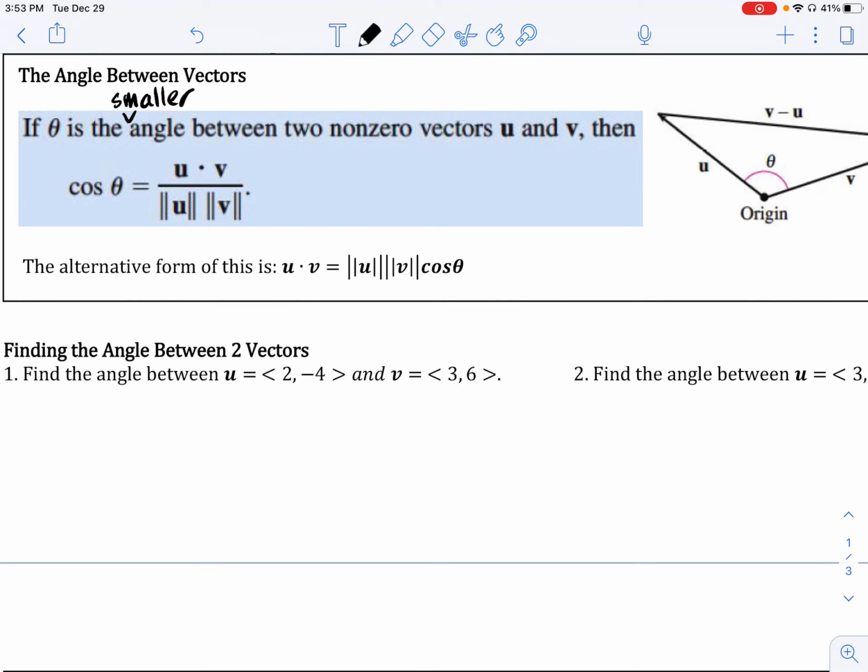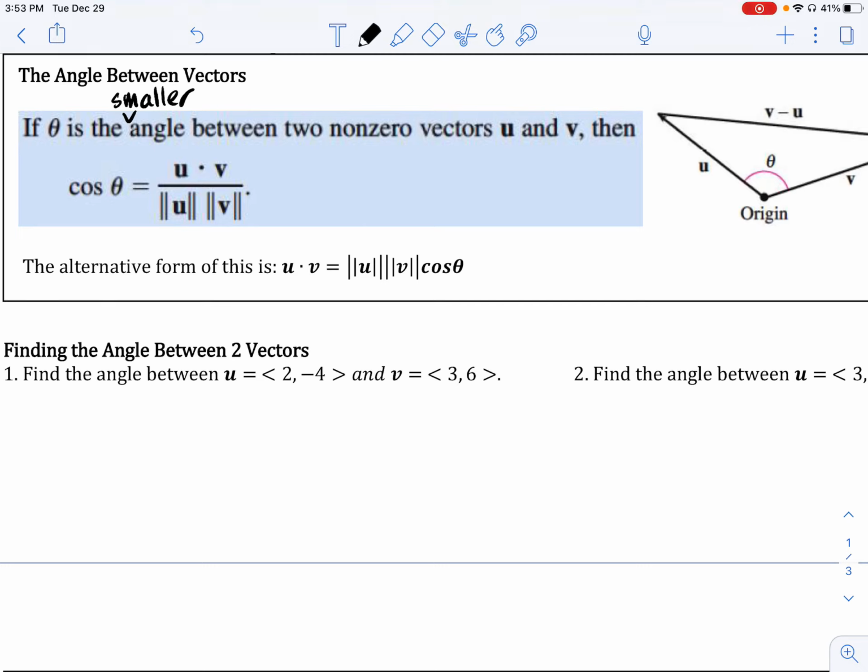If theta is the angle between these two non-zero vectors, then the cosine of theta is equal to the dot product divided by the product of our magnitudes. Another way to write this is to say that the dot product is equal to cosine of theta times the product of our magnitudes. That's just multiplying both sides by the denominator.